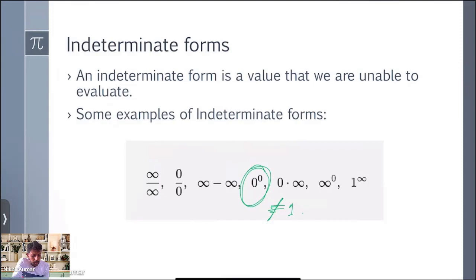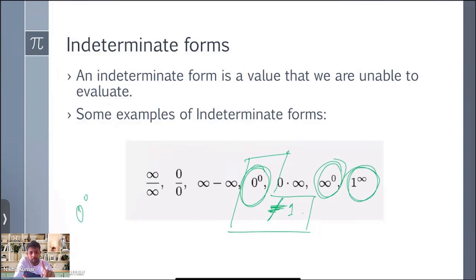There's a whole process to prove this, we'll do it some other time. For now, just remember that 0 to the power 0 is also an indeterminate form. There is no specific value for this expression. Similarly, 0 multiplied by infinity is an indeterminate form. Infinity raised to the power 0, again an indeterminate form. 1 to the power infinity, again an indeterminate form.